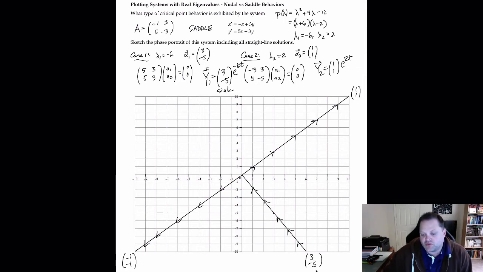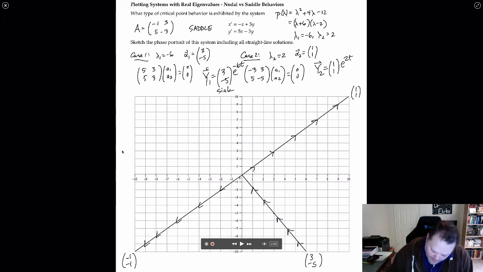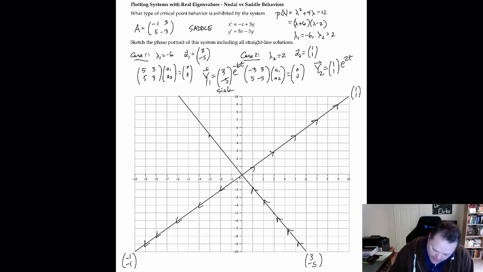The opposite is negate both. So -3, +5 would go through that point, right there. And we would collapse or sink in along this line.